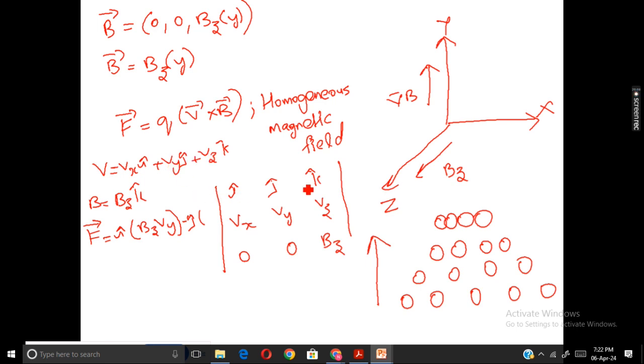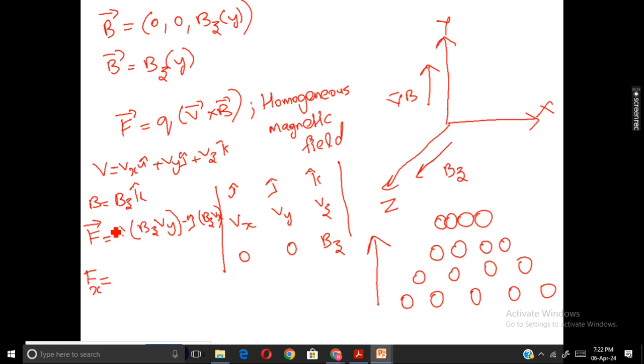Along the k direction both will be 0, Vx into 0 minus Vy into 0. So minus j into Vx Bz plus k into 0.